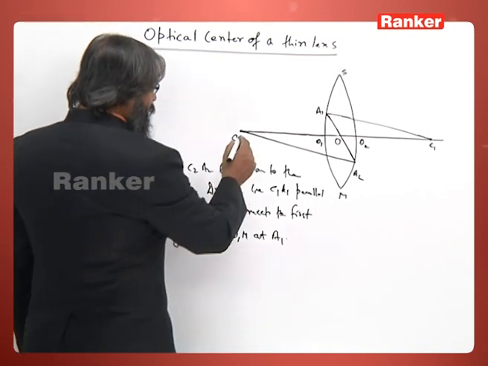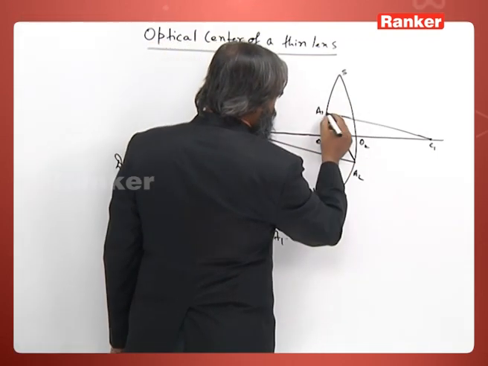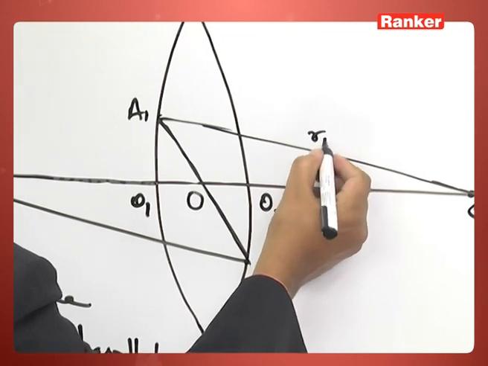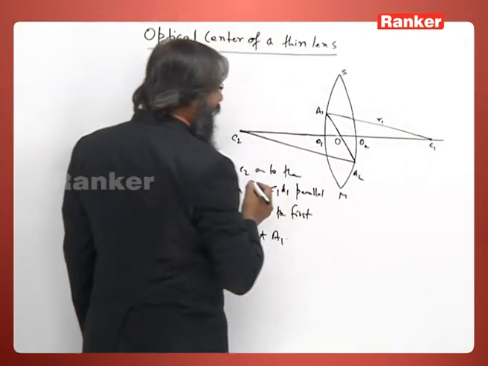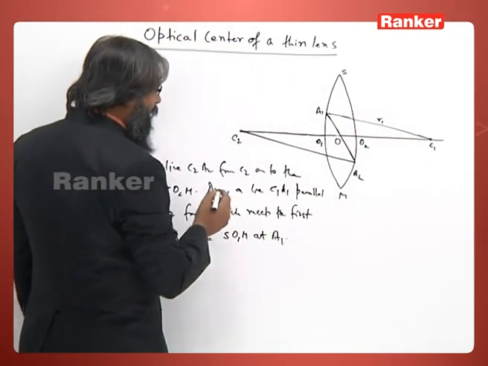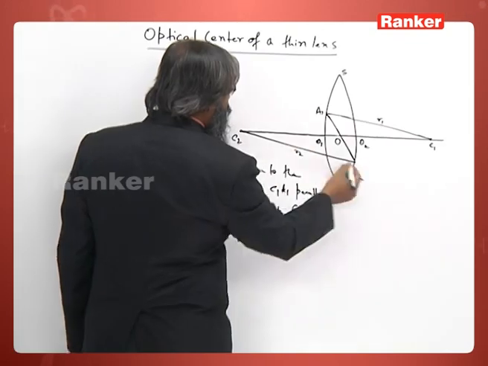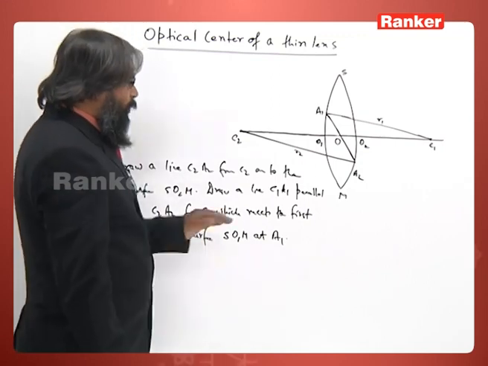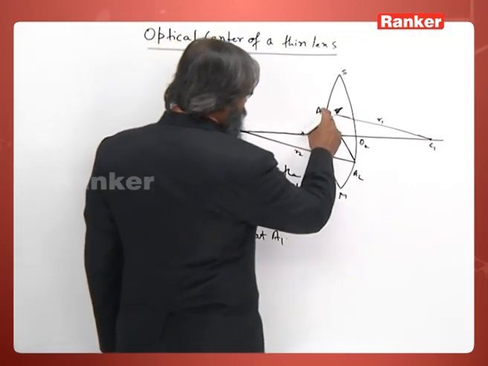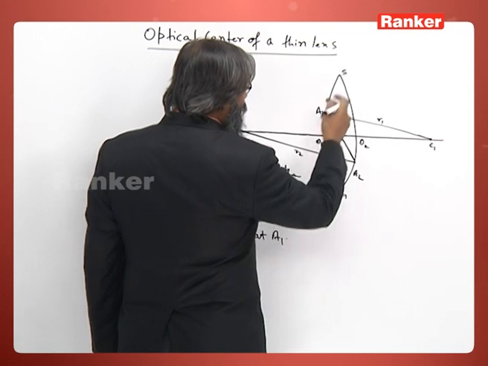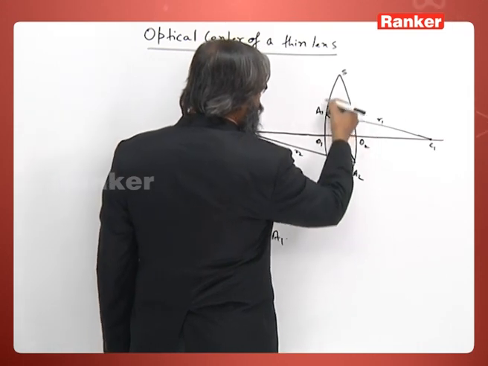So, the first surface, A1C1, has R1 as the radius of curvature, and the second surface, C2A2, has R2 as the radius of curvature. Now, you see this line is normal to this surface.